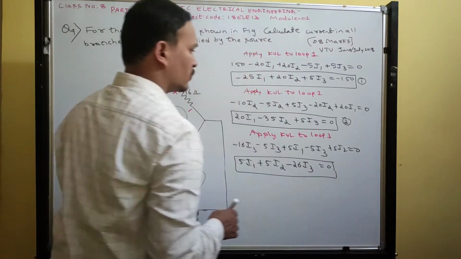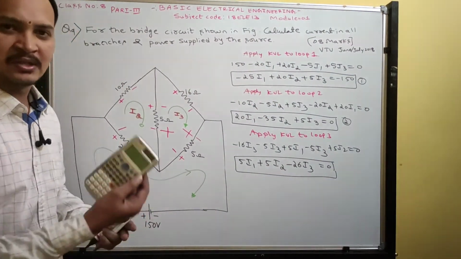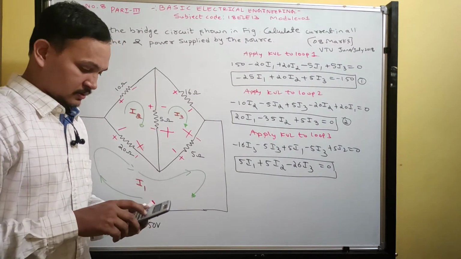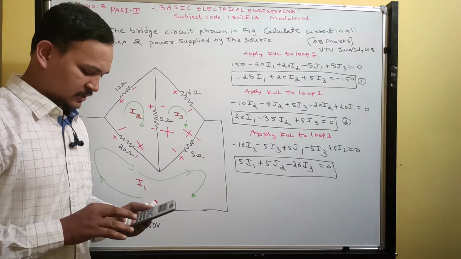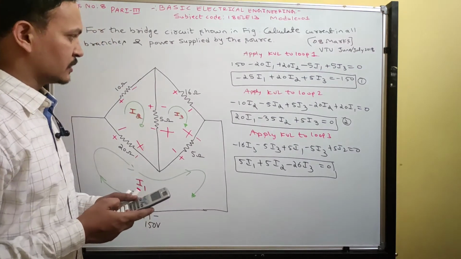Okay, so we have written all the 3 loop equations. Now it is 3 variables. Again, by using this calculator, we can solve it. Go to equation, select option number 2 and enter the coefficients.